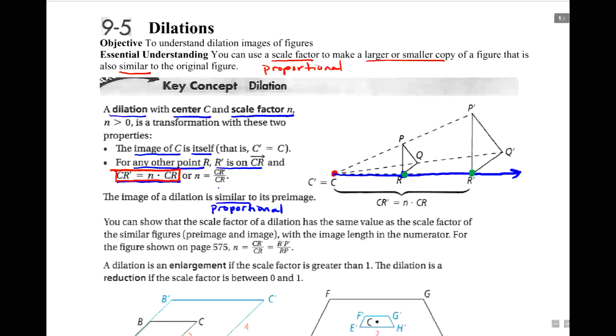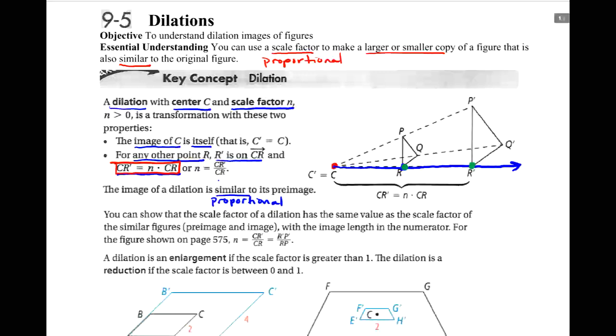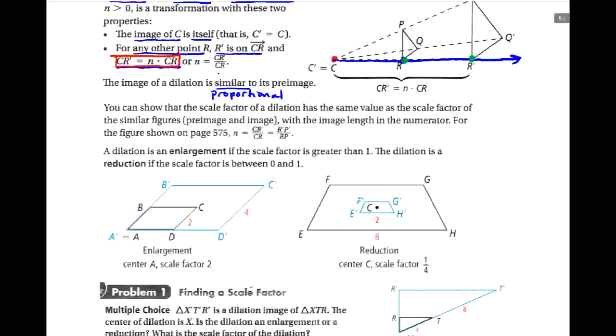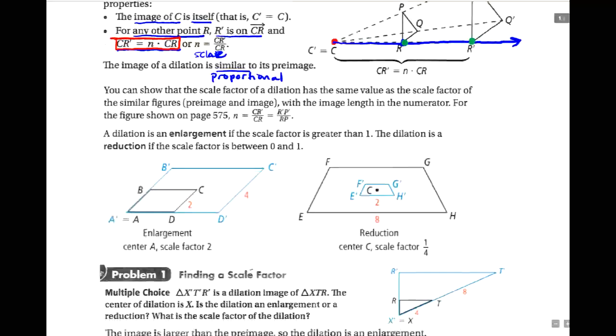Let's look and see how this works. So this is going to be our scale factor here.